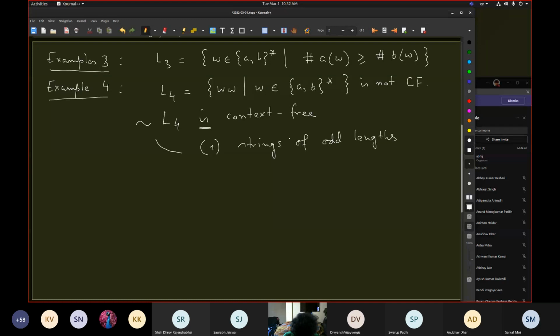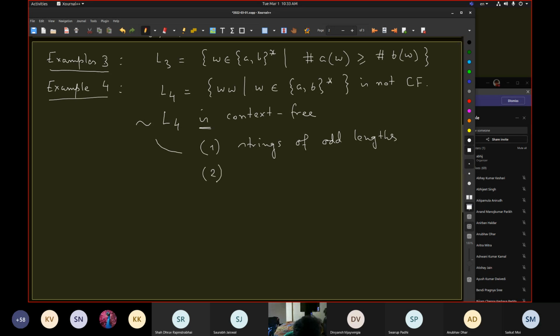And strings of odd lengths can even be recognized by a finite automaton. You do not require any complicated thing like a push-down automaton. This can be considered as a push-down automaton which does not use its stack. Okay, so that is fine.